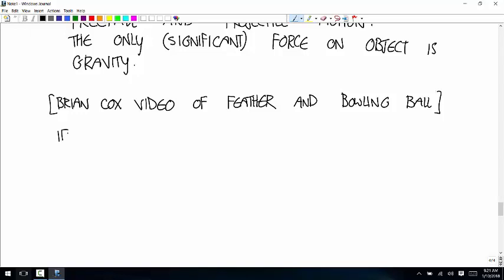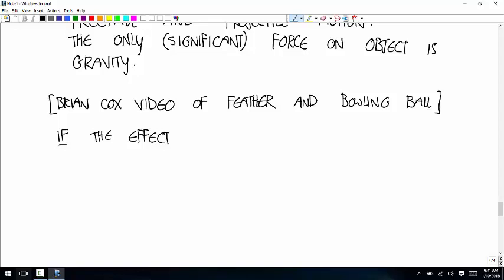Do they fall at the same rate only because they're both so relatively small that it doesn't affect anything? Like if you got a super massive, ridiculously massive bowling ball, wouldn't the super massive thing fall faster? No. Or a tiny bit, right? Because of gravity. Isn't there a tiny bit more force acting on the massive thing?